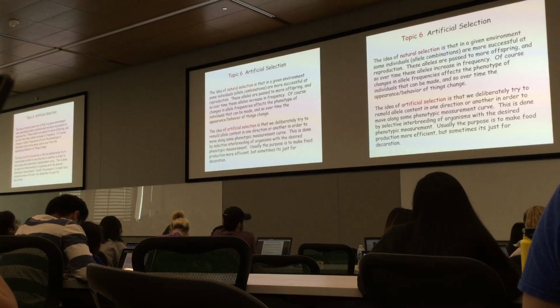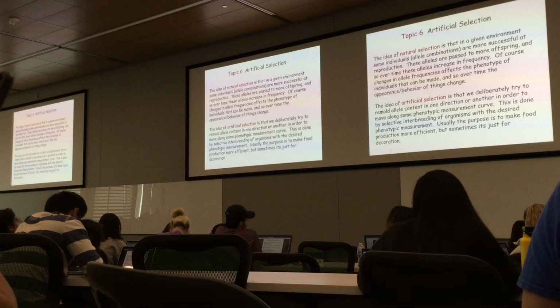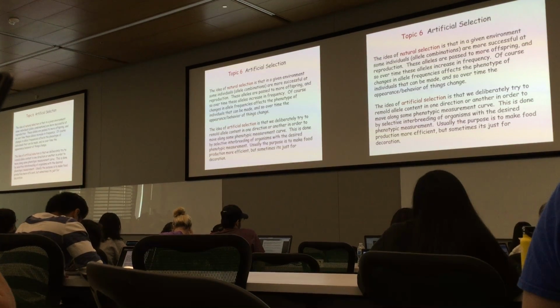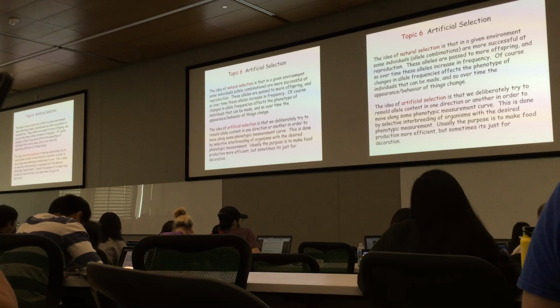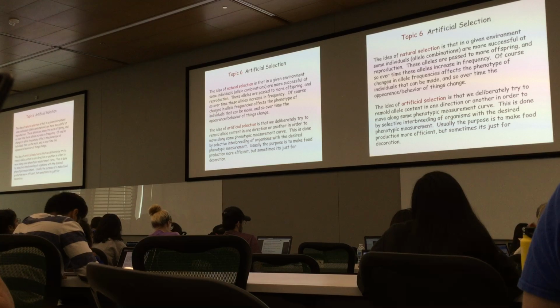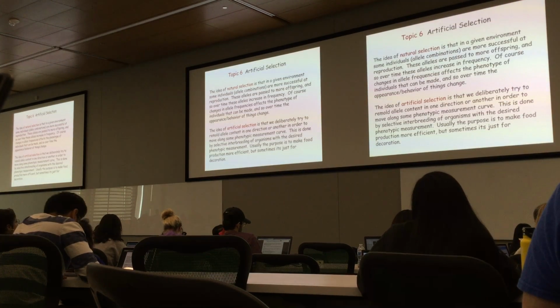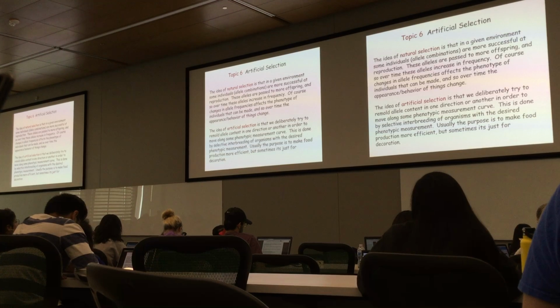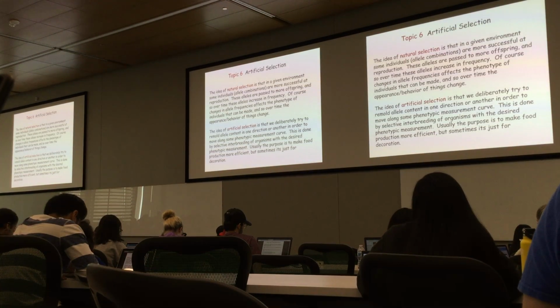Artificial selection is the idea that we deliberately try to remodel alleles in organisms by picking organisms of a particular type and breeding them together. So if you think of a phenotypic curve, a normal curve, you'd like to pick organisms at one side or the other side for some reason, and you want to know, if I pick them at one side, am I going to shift the phenotypic curve towards those organisms that I select?